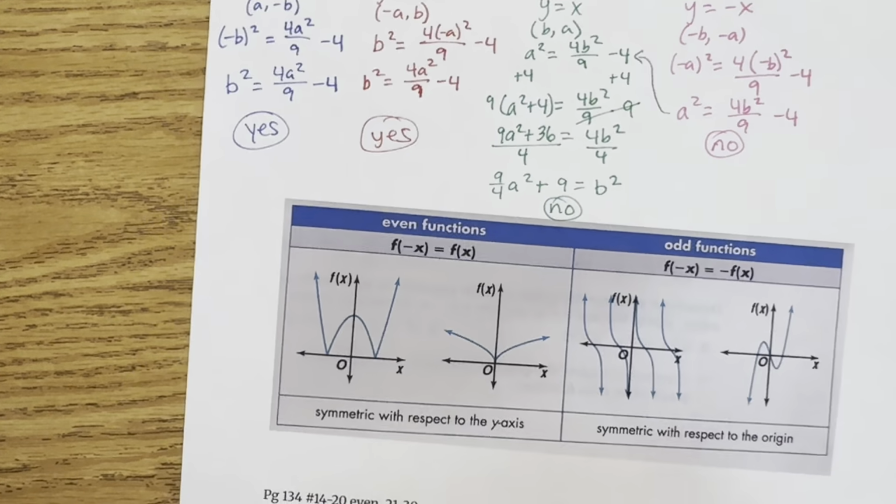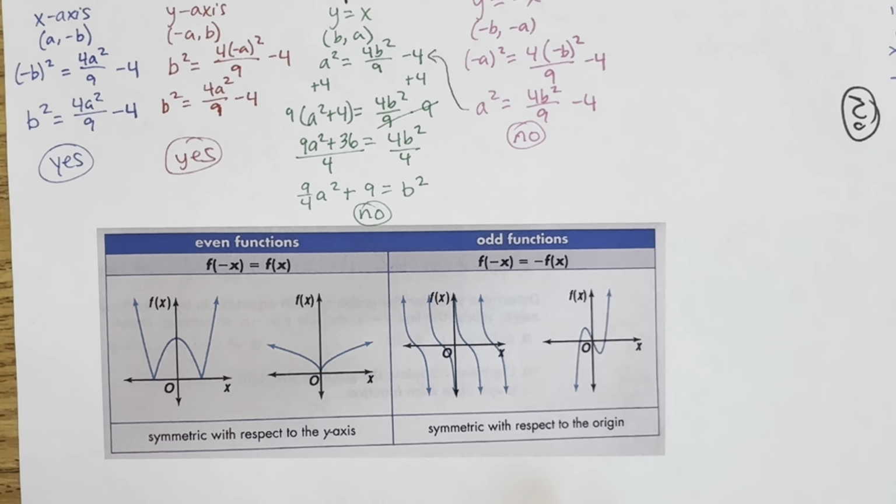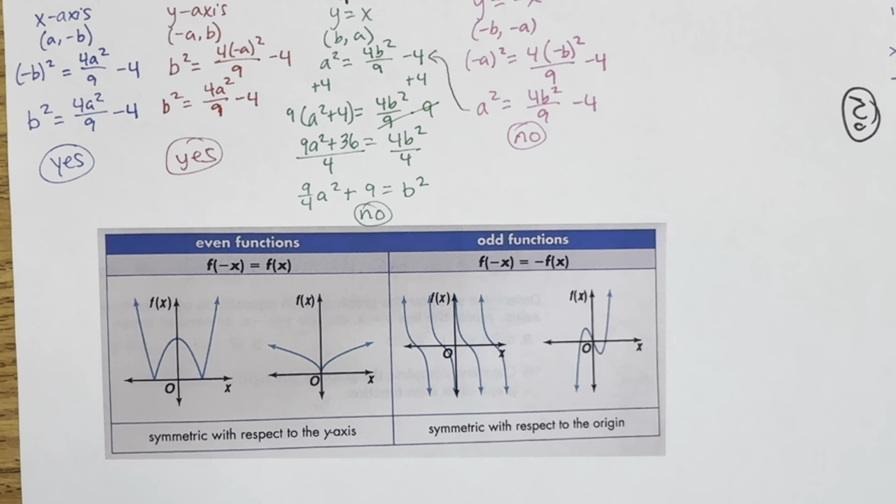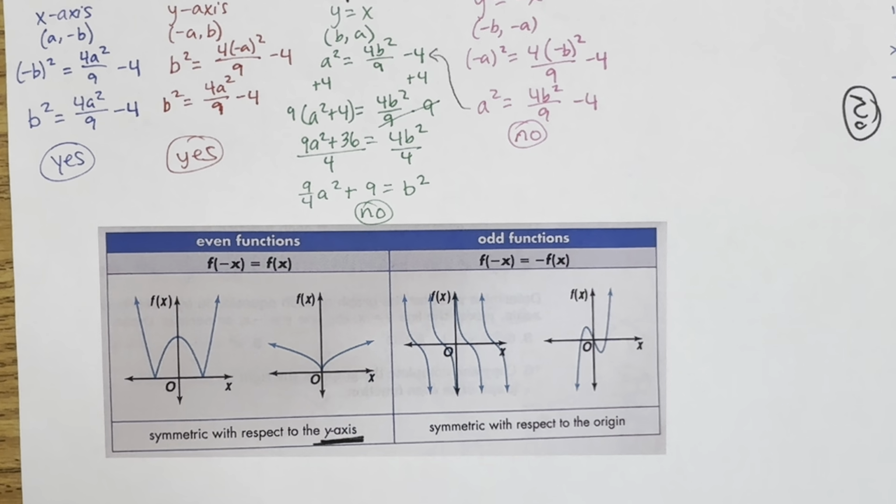Okay. Last thing for you, down here this table tells us if we have an even or an odd function. Our even and our odd functions have to do with these notes on the bottom here. So this note down here says symmetric with respect to the y-axis. So in order to check if something is an even function, I'm going to do my y-axis test, and that test is a, b and negative a, b.